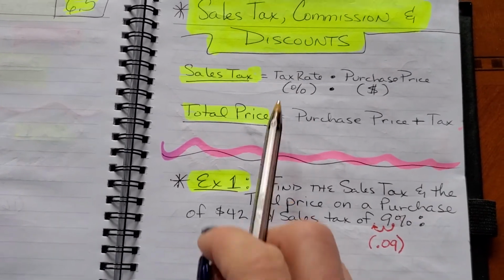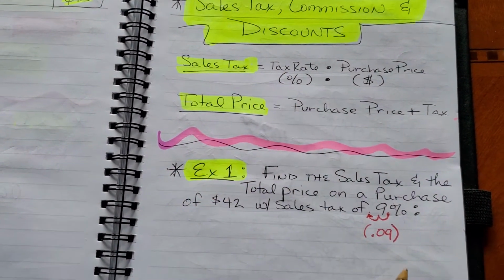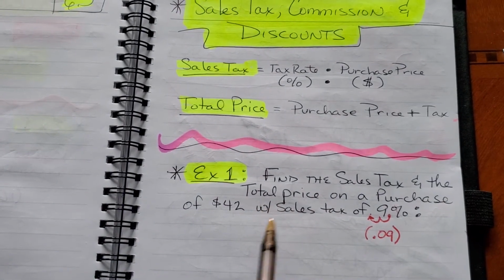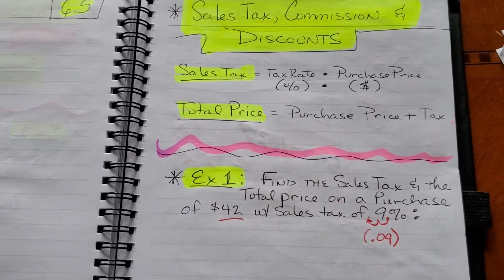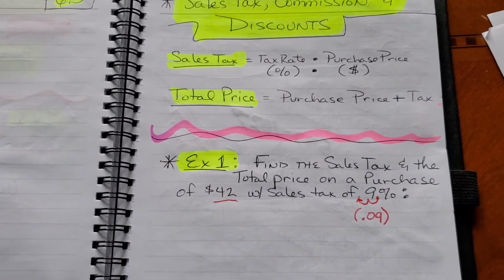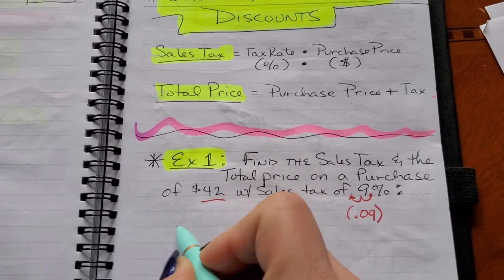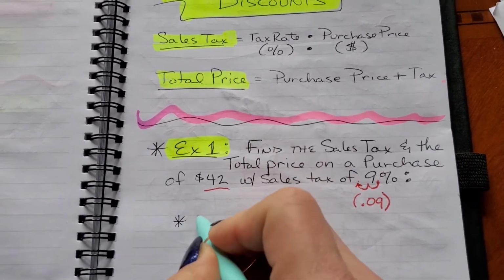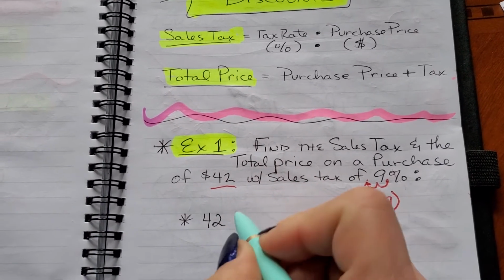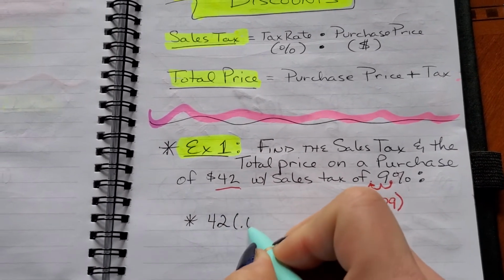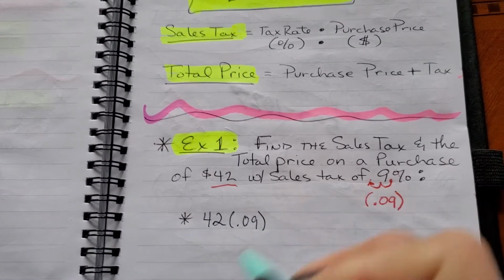So we changed our tax rate percentage into a decimal. We know our purchase price is $42. So let's set up our basic expression. To solve, we're going to take our $42 item and multiply it by 0.09, okay?